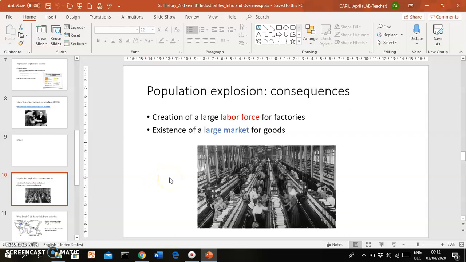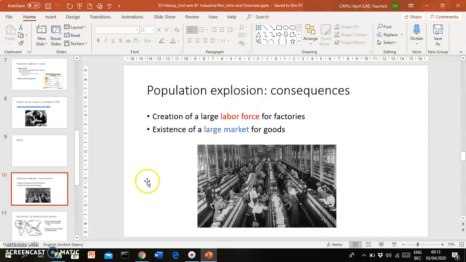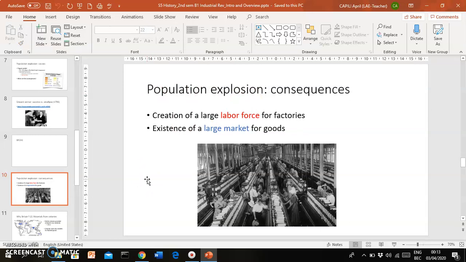At the same time, more people also meant more people who could buy your goods. So you have more consumers. These are important consequences of this population explosion: more people in the factories, more people to buy goods.